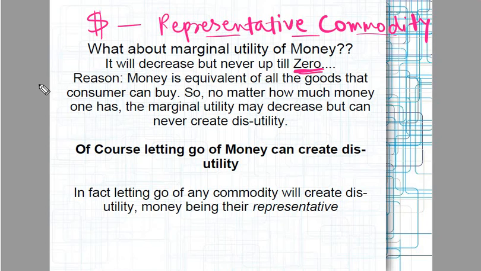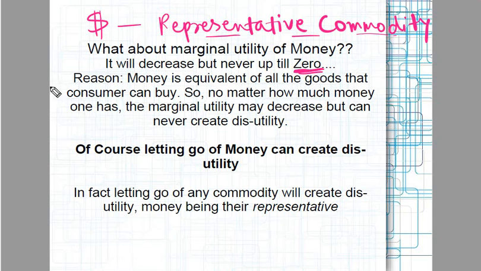Now what about the people who leave the entire world behind? I don't know, maybe they find utility in something else. But as long as you want money, the utility of money will not decline. If you say I don't want money at all, it's like saying I don't want to consume chocolate at all. Then that means you derive no pleasure, no satisfaction whatsoever from chocolate.